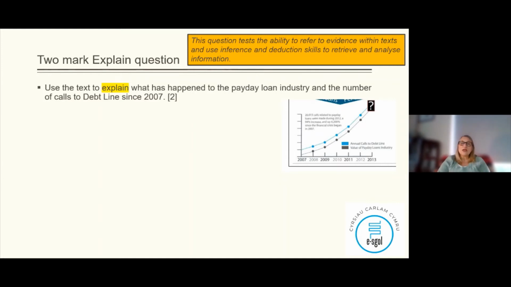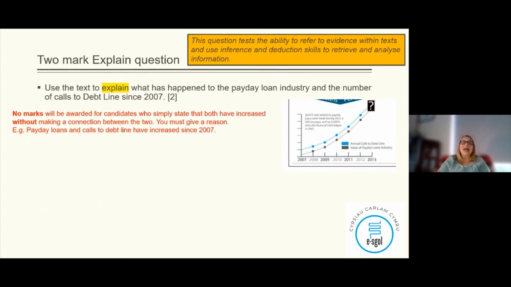But that's not enough information, so you wouldn't get any marks for that, because you're just stating that both have increased without making a connection between the two. So you need to state why they've increased. There's an example there: payday loans and calls to debt line have increased since 2007. There's no reason, so you wouldn't get any marks for that. You've not really explained it.